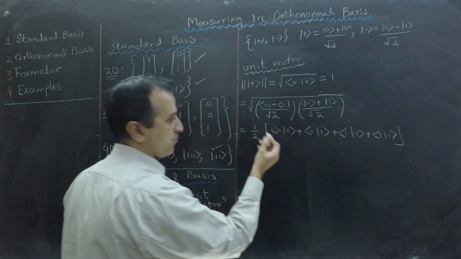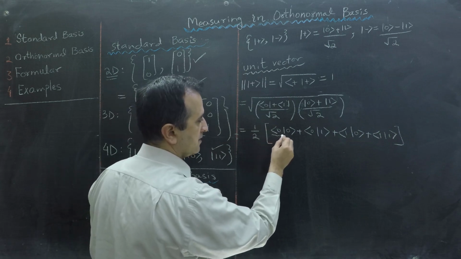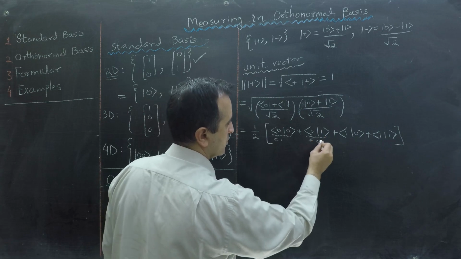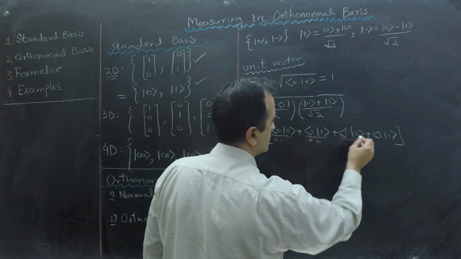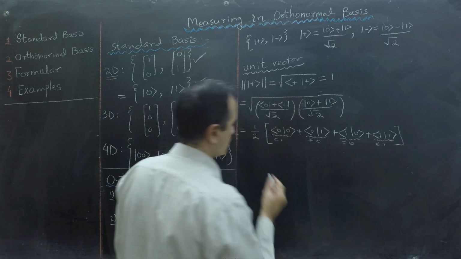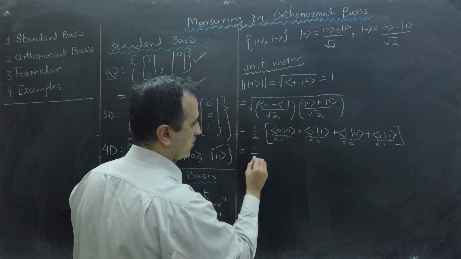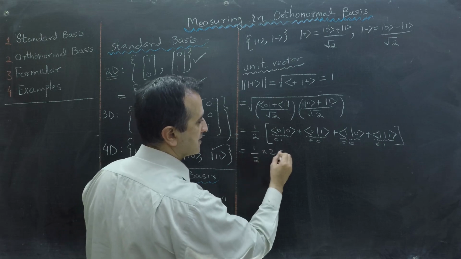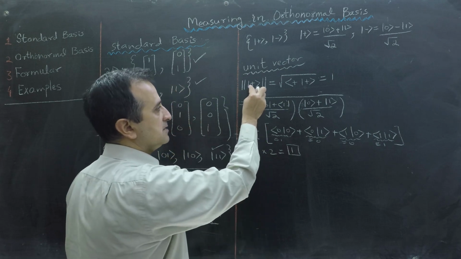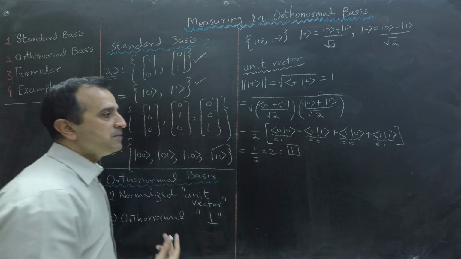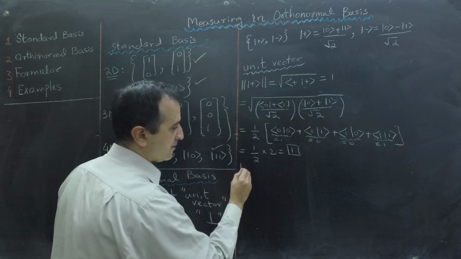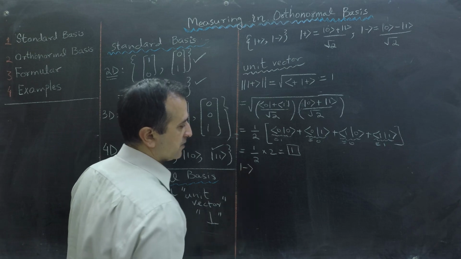We know from one of our last videos that the first is equal to 1, the second is equal to 0, the third is also equal to 0, and finally the last is equal to 1. So our result will be 1 over 2 times 2, and that is equal to 1. So yes, ket plus is indeed a unit vector. Similarly, we can verify, and I leave it to you, that ket minus is also a unit vector.